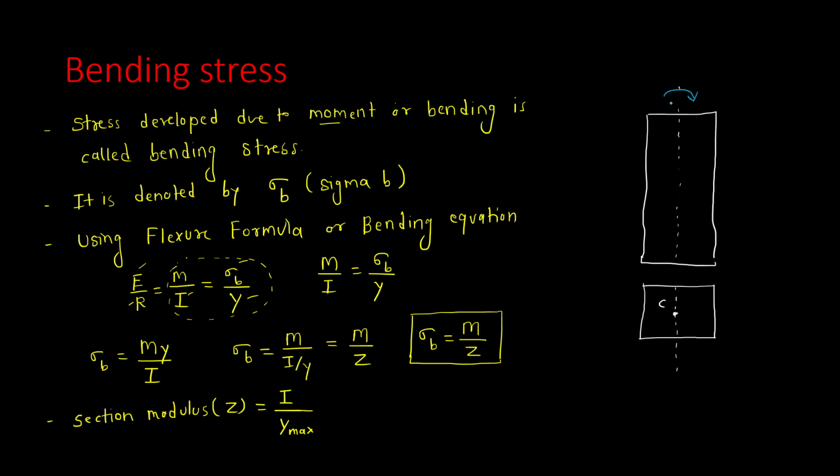Either it can be clockwise or anti-clockwise. Here it is clockwise. Now if you look at this properly, you can see that this right hand portion, the side which is present on the right hand side of the centroidal axis, will be subjected to compression. So if this is in compression, this will be in tension.